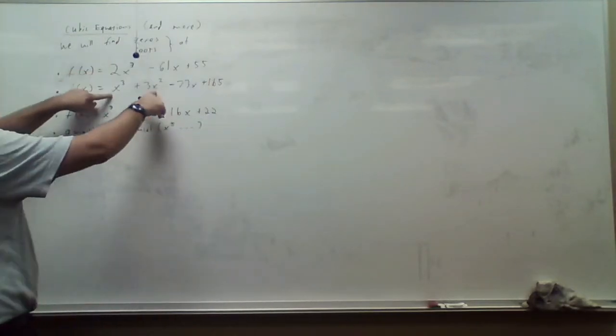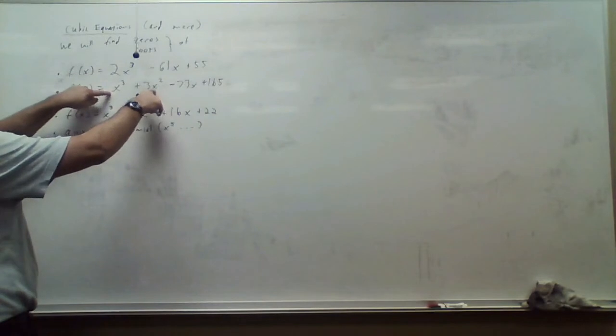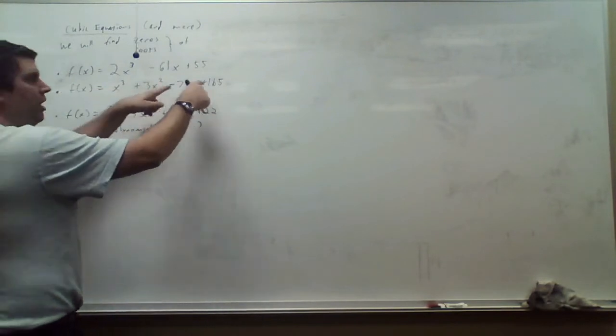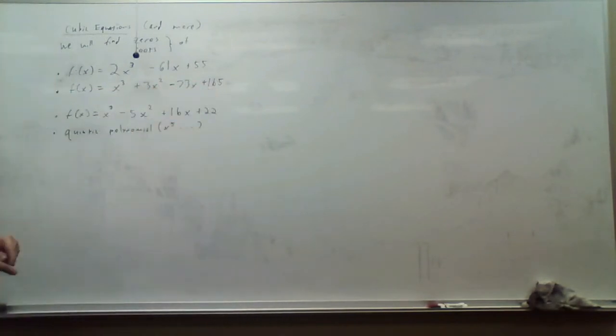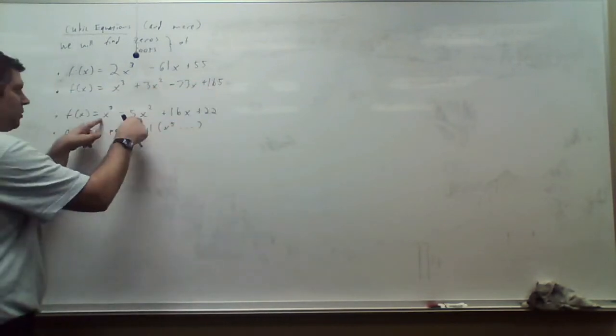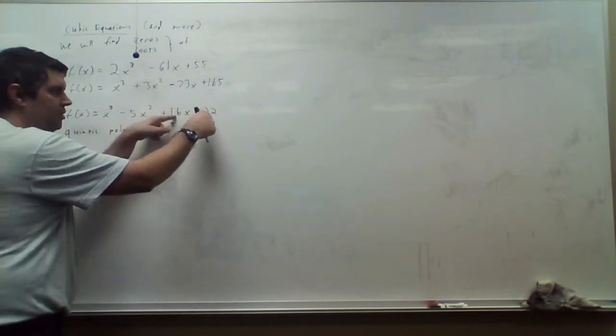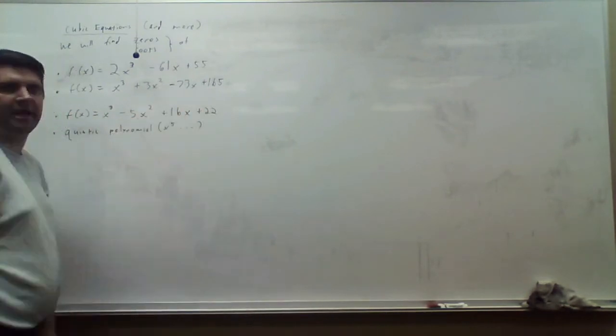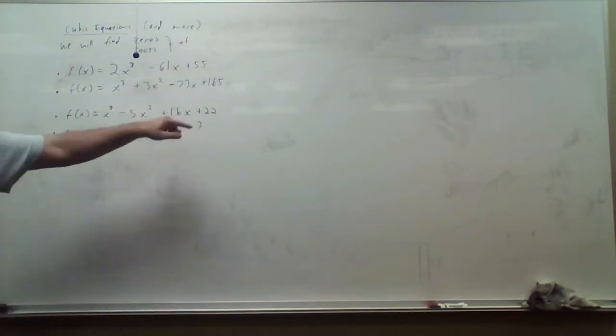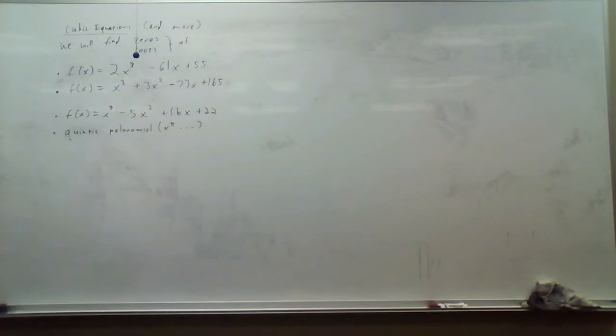For this one, if you factor an x squared out of these 2 terms, that would be x plus 3. You're not going to get x plus 3 out of that. If you factor an x squared out of here, you'll get x minus 5. If you factored a 2 here, you'd get 8x plus 11. Okay? The binomials have to match, and they wouldn't. Okay? So, we're going to have to use the rational root theorem.